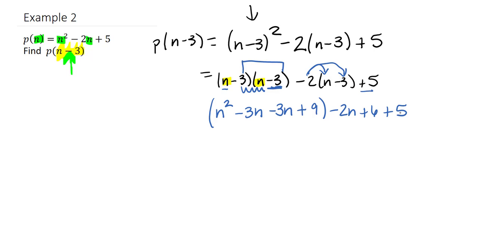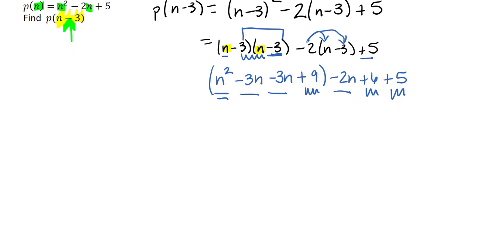Now what I like to do is underline terms. Notice we have an n squared here, and we don't have any other n squareds. Then we have n terms, an n here and an n here, so we need to add those together. Then we have just some numbers. I like to sometimes just do squigglies. This helps me keep track of what I need to add together. So our last step is to add all of them together.